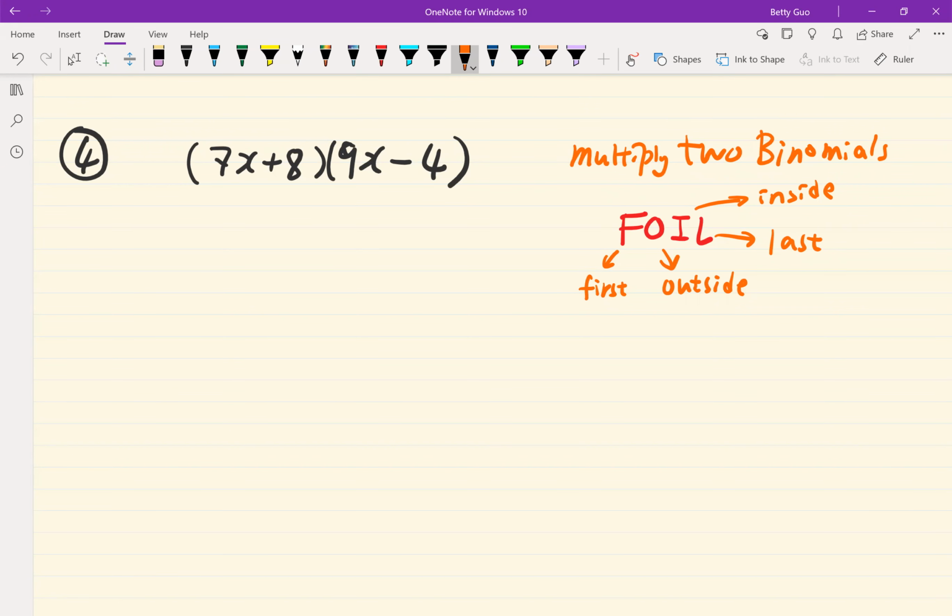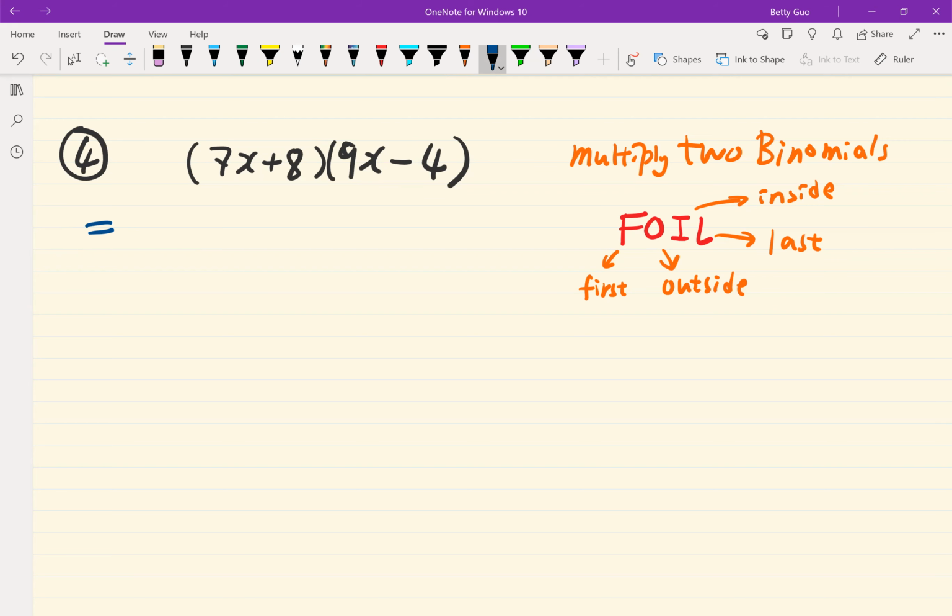Let me show you how we multiply two binomials by using FOIL. And I hope you use my method. I mean, you write whatever I write. Try not to skip any steps. Let's get started. Let me first show you how you understand first, outside, inside, and last.